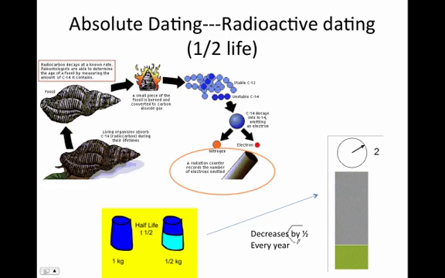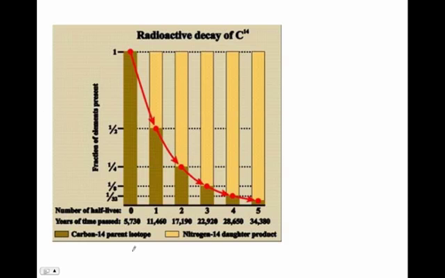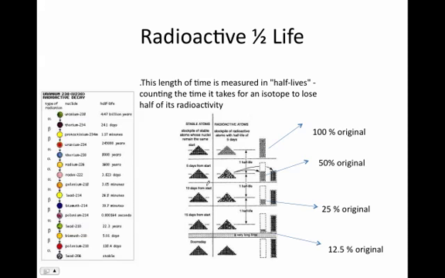Every half-life, whatever's left of the parent material decreases by 1/2. Carbon-14, for example, takes 5,730 years to go down 1 half-life. After 1 half-life, you've got half as much. After 2, you've got half as much again, and so on.